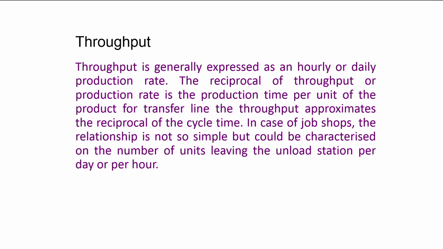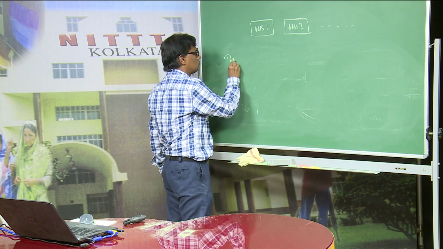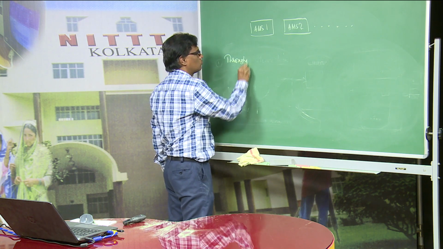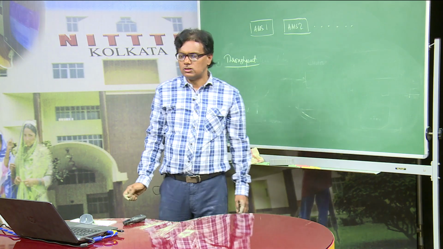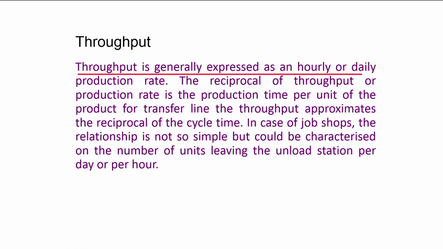The third parameter is throughput. The concept of throughput is fairly simple. Throughput is generally expressed as an hourly or daily production rate.